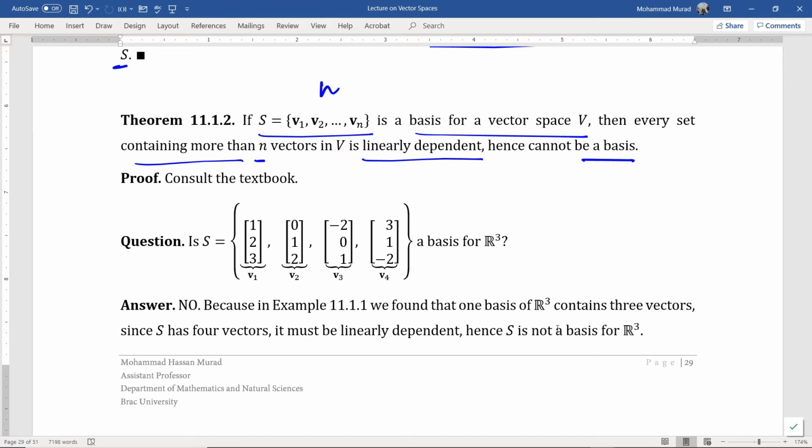So this theorem tells us that if a vector space has a basis of n vectors, then any other set containing more than n vectors in it must be linearly dependent, which cannot be a basis. To see the proof, please consult your textbook.